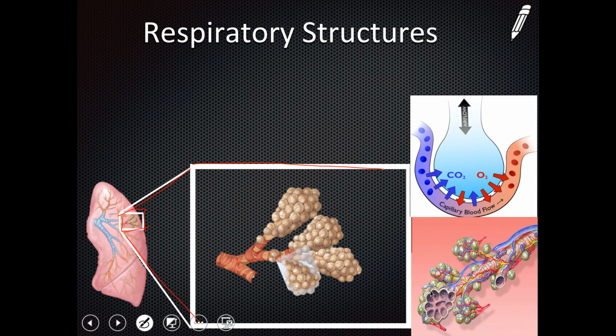This is the very end, and these are called alveoli. The alveoli is where we get gas exchange. Remember, back to the big idea, I said we want to take oxygen into our blood. We want to get carbon dioxide out of our blood. The alveoli is where this occurs, okay?